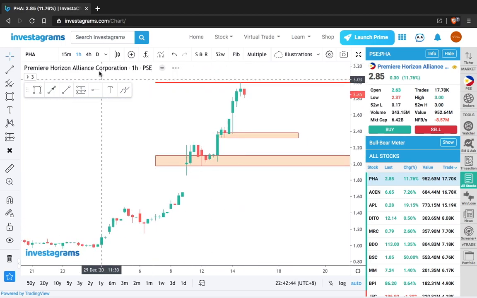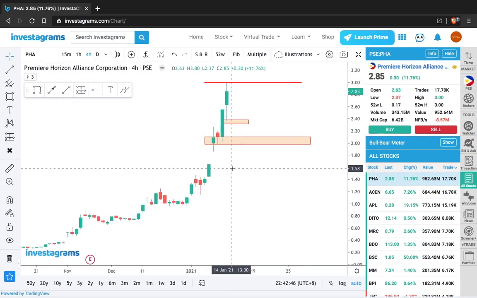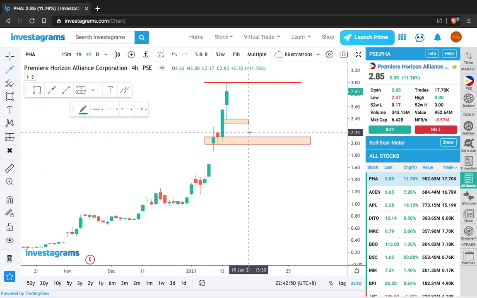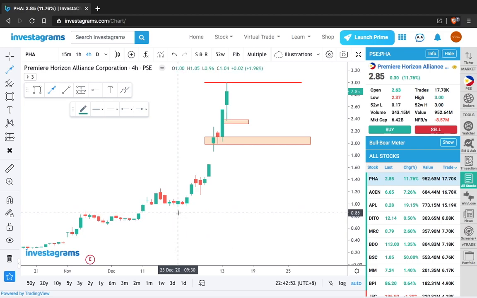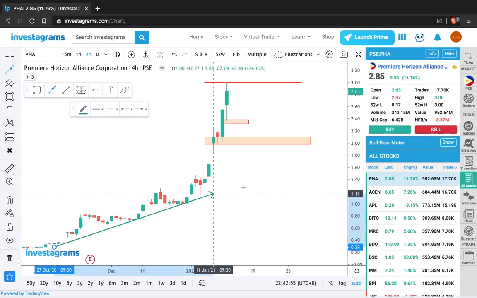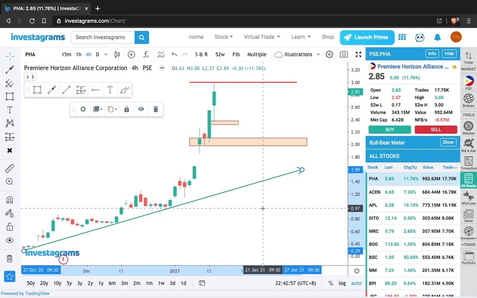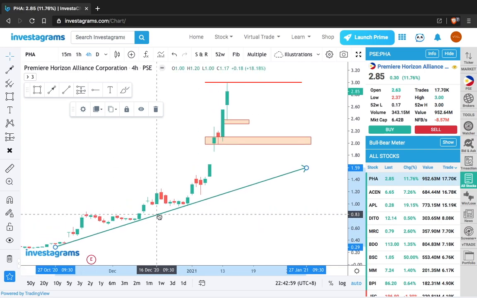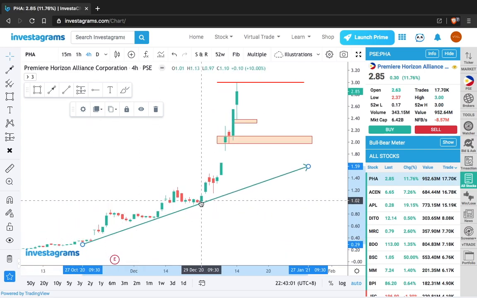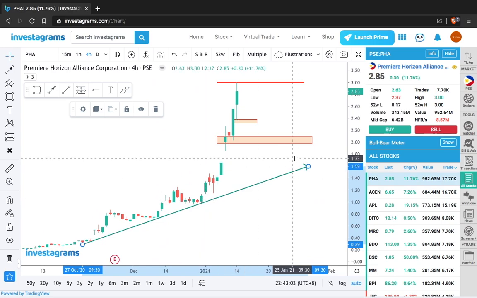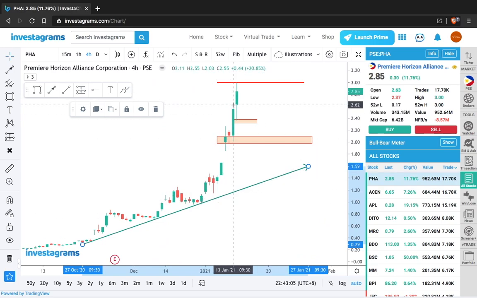And then moving to the next tool that I like to use on this step-by-step guide, I like to use my trend line. So I was seeing a trend line right here that was respected once, twice, 3 times until it just went parabolic. It just exploded out of the whole range.